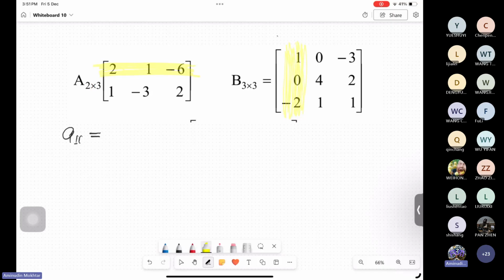For example, the product of this number, 2 times 1.